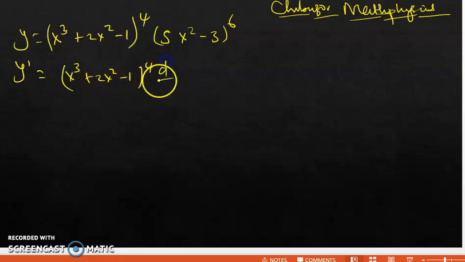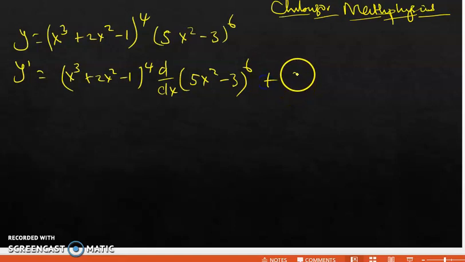Now we take d over dx of what we have here, which is 5x squared minus 3 power 6, plus 5x squared minus 3 power 6, then d over dx of what we have here, which is x cubed.